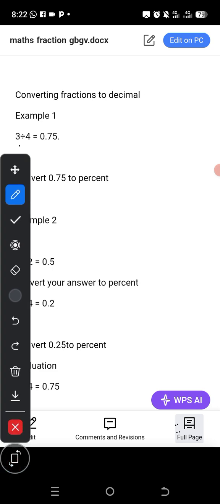Okay, so let's start. Before we convert from fraction to decimal, firstly, what is a fraction? A fraction consists of two numbers, the numerator and the denominator. For example, 1/2 is a fraction. The top one is called the numerator, and the one down, which is the 2, is called the denominator.